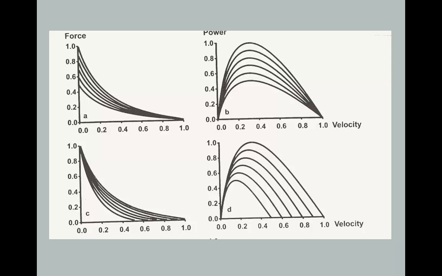And what happens to power? Power also increases, but the power increases at faster velocities. So if you want to increase the power of your athlete at faster velocities, you want to increase that fiber length. And so that's an argument for stretching, if indeed stretching does increase fiber length.